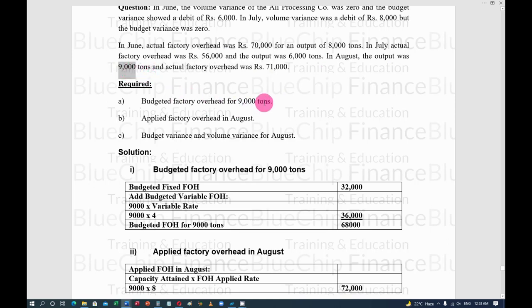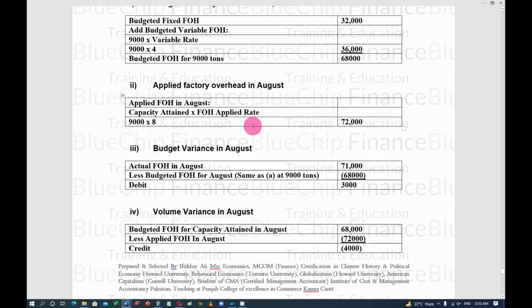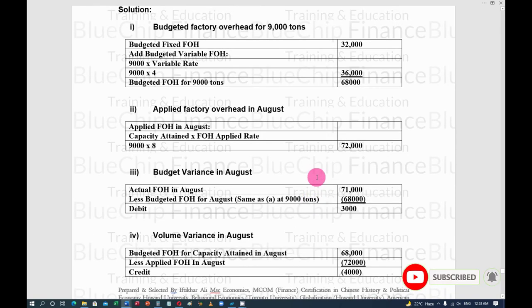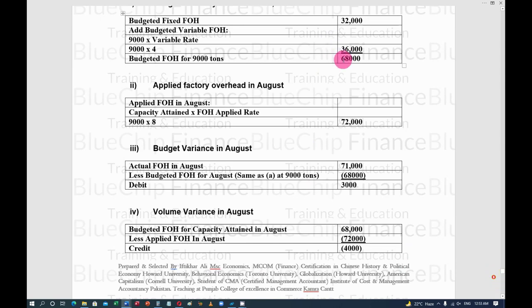So which is similar to this calculation. So your budgeted FOH for August is same as at 9,000 tons in the first calculation. So budgeted FOH is 68,000 and your answer is 3,000, that is debit.